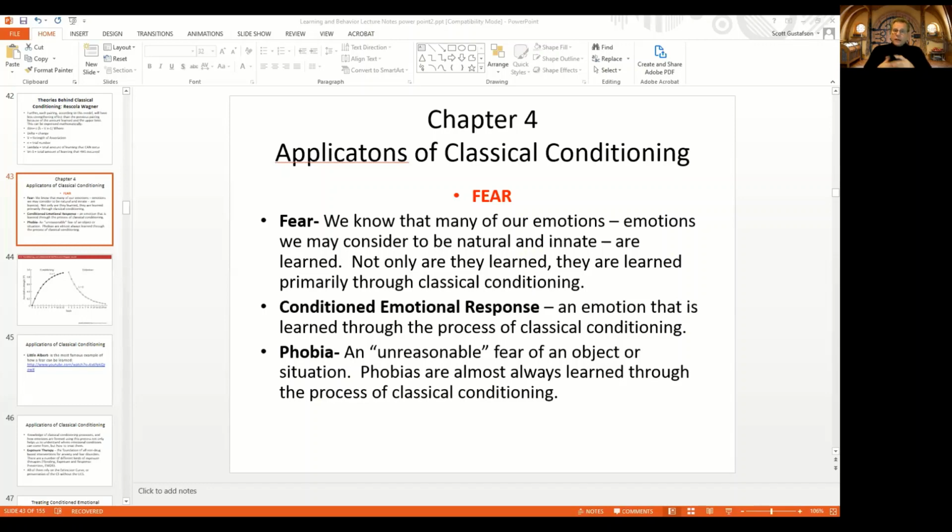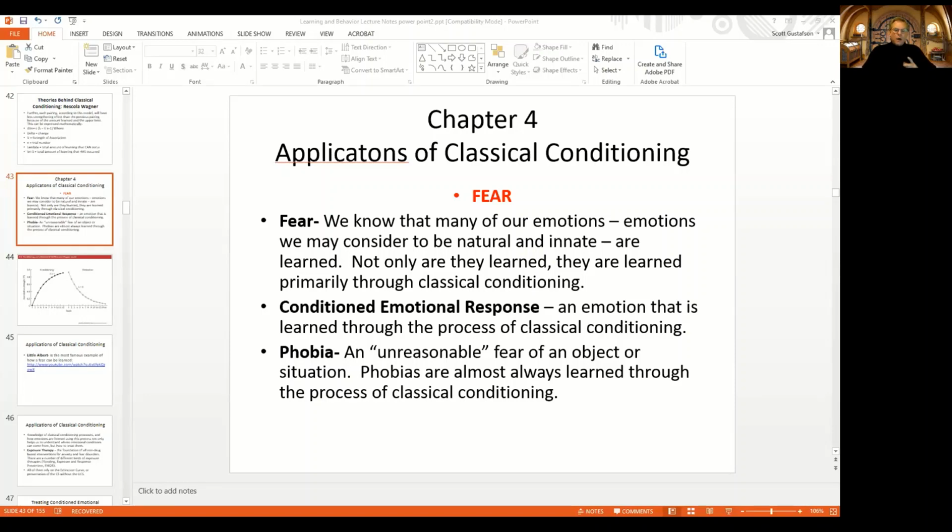And we've talked in class before about the fact that nearly all of our emotions are classically conditioned in one way or another. So in this case, we're going to talk specifically about a phobia. And this is a classically conditioned emotion that has grown into essentially an unreasonable or problematic level of functioning.